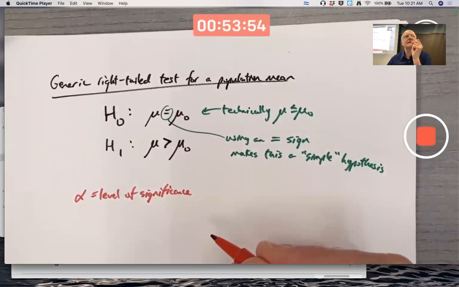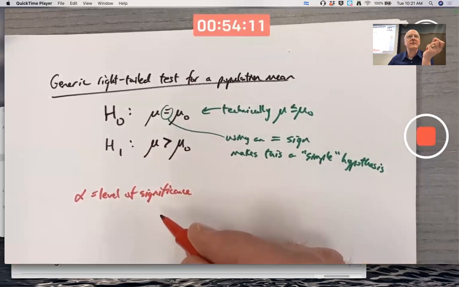And if you do the test with the other method, instead of finding the p-value, you find what's called the critical region, the rejection region. Alpha helps you figure out what the rejection region is.